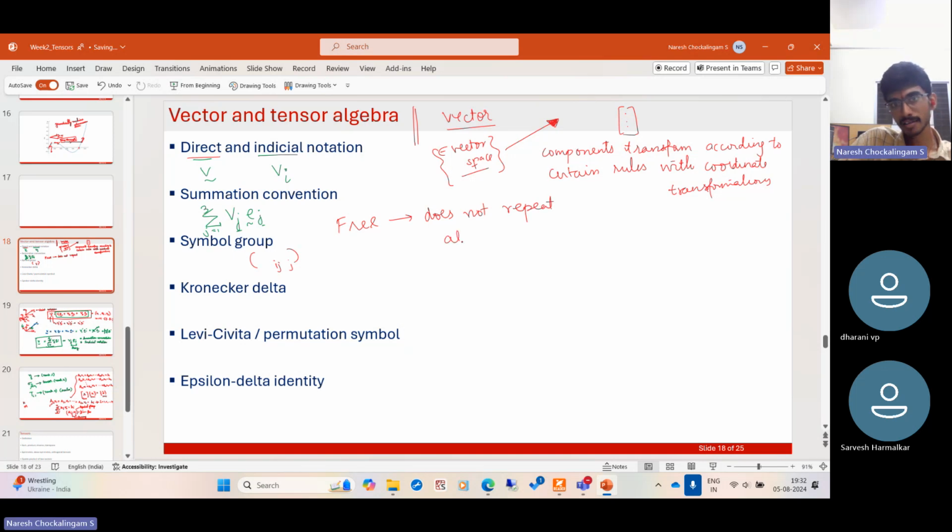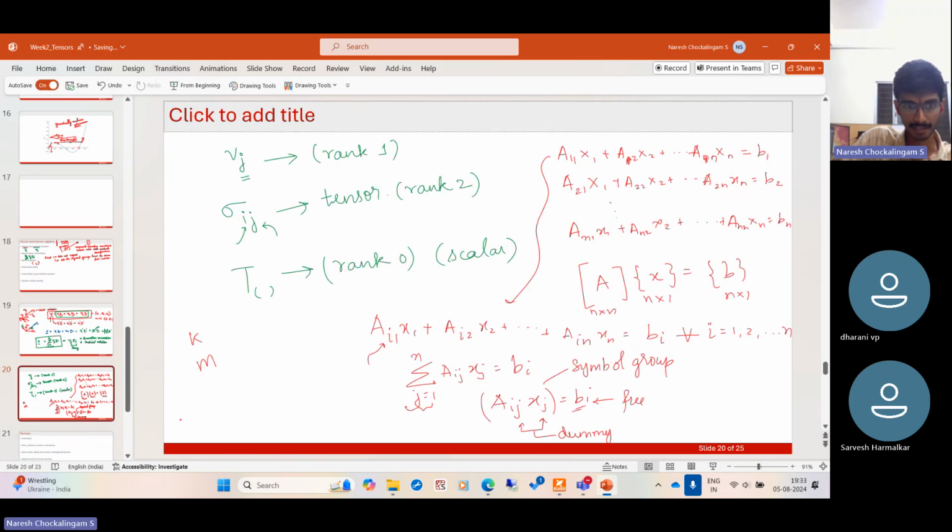And all the symbol groups have the same free index, or the same set of free indices. You cannot replace a free index with something else. The reason is, say in this case, you write bi is equal to aij xj.